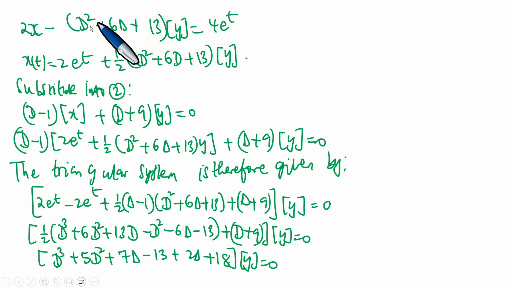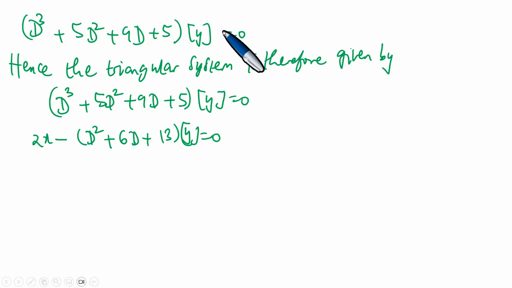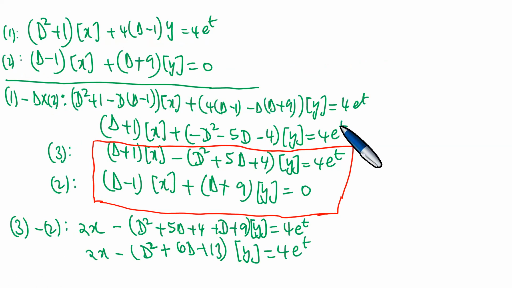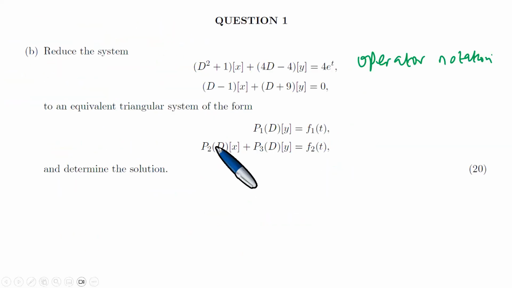Ah, equals 4e to the t. So this is the triangular system of the form in the question. What was the form? This one. And this form is the form they gave to us.